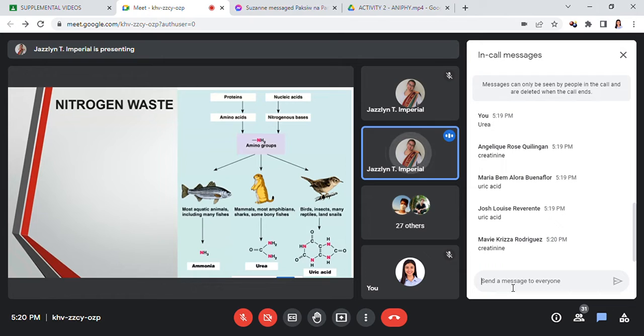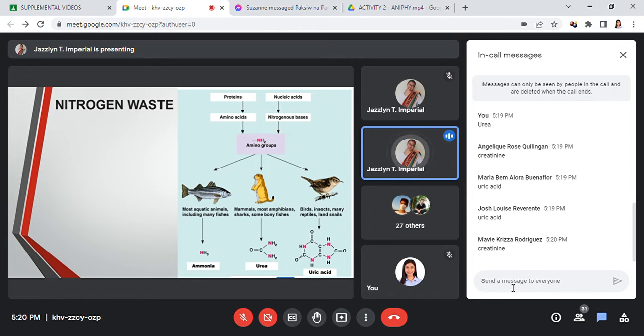Okay? Now, it also varies with other animals. Kaya nga yung sagot nyo na ammonia, ano to? Yung sagot nyo na uric acid and urea, they are all correct. Kasi for most aquatic animals, including many or most fishes, the amino group coming from the metabolism of protein is still ammonia.